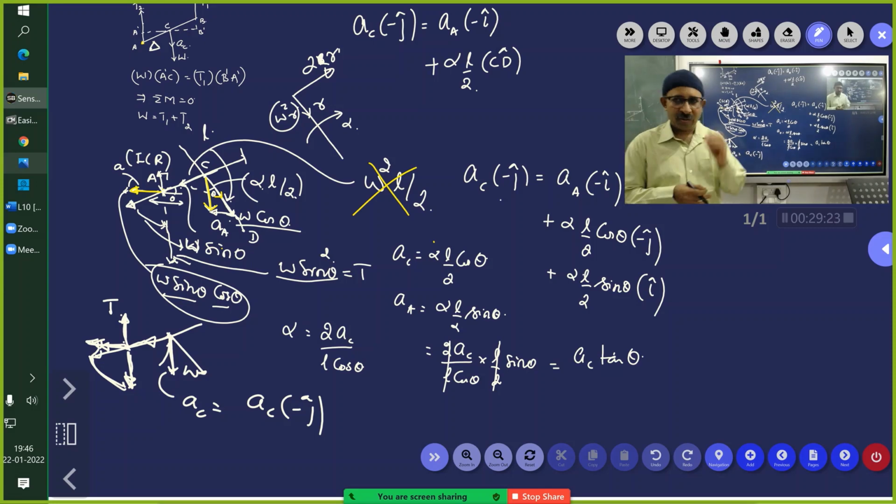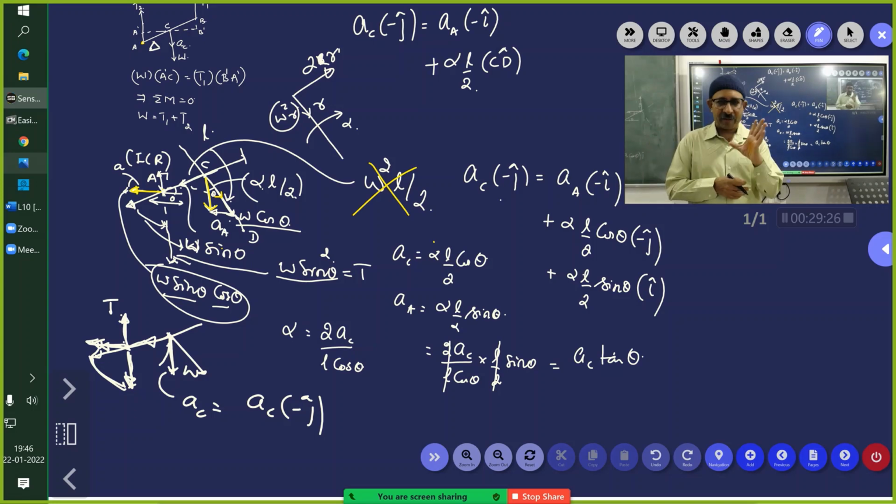See, acceleration is an independent vector. Velocity is an independent vector. Displacement is also an independent vector. But at times they all get related to one another. That's what you have to see. When you say there is acceleration, that doesn't mean there has to be displacement. For example, centripetal acceleration is there.